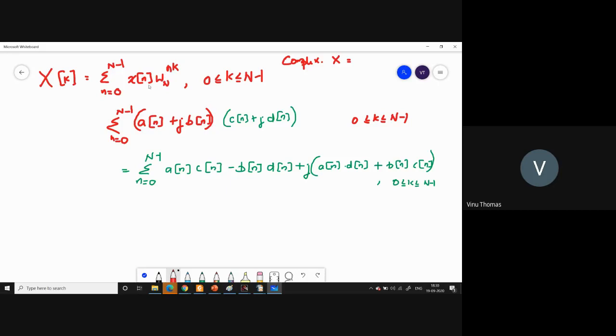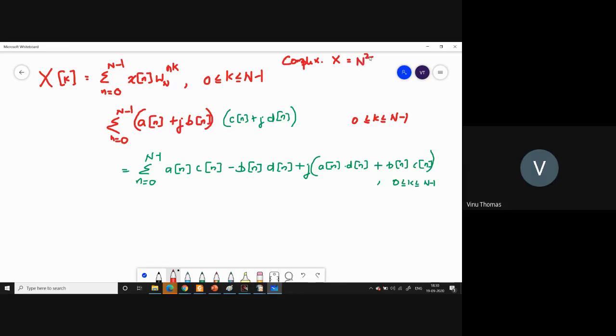You have one multiplication here, and you have n such terms. So there are n such multiplications to compute just one term for x of k, and you have n such values of k. So what is the total number of complex multiplications? N square.